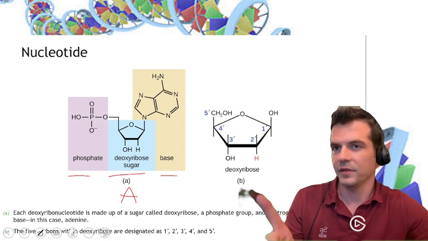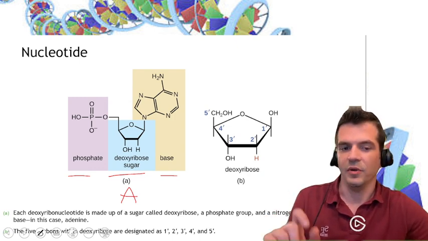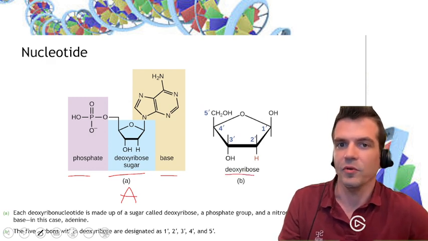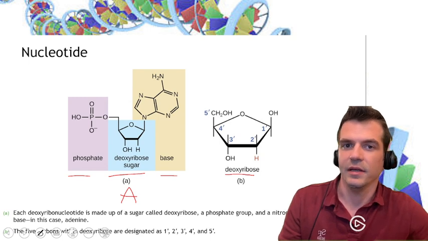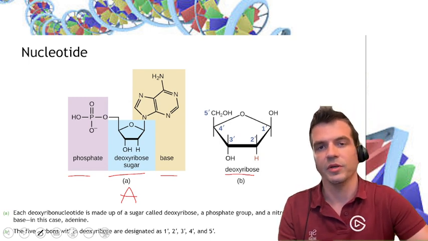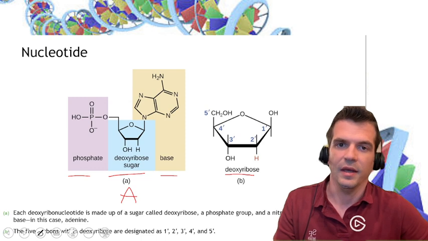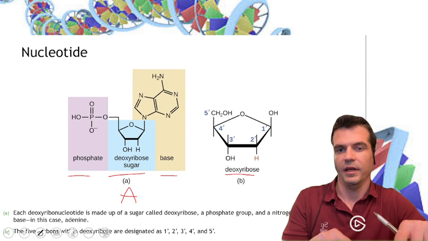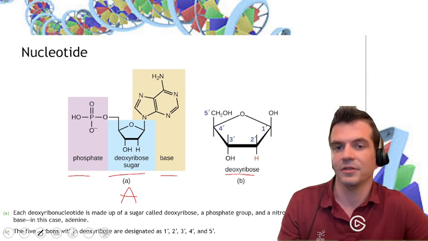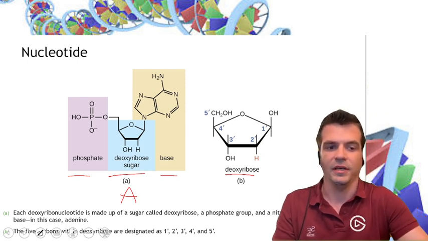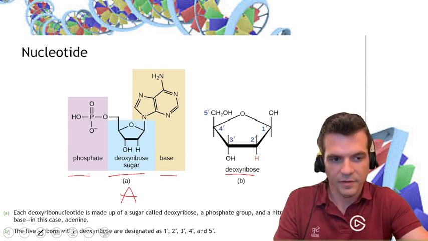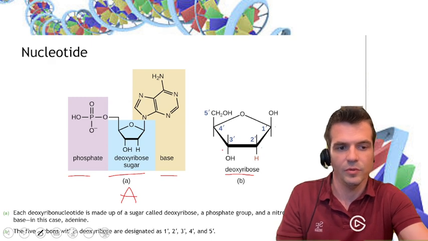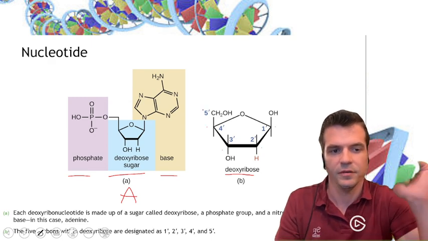But before we get there, we want to talk about deoxyribose. We learned about sugars in our microbial biochemistry lecture series. We were learning mostly about glucose and how that is a hexose, or a 6-carbon sugar. Here we see we have a 5-carbon sugar: 1, 2, 3, 4, and 5.